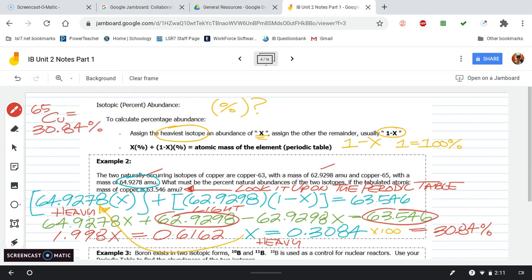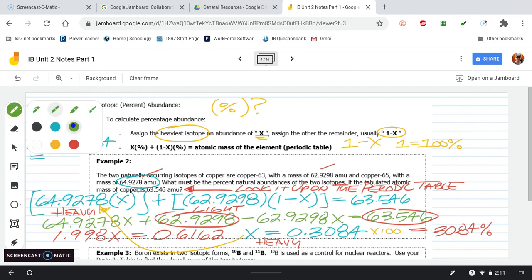Okay, so the copper 65 is 30.84%. So that means that the other element, remember I said there can only be two, is going to be 100 minus 30.84, which is going to equal the remainder. So we take our calculator, 100 minus 30.84 is 69.16.